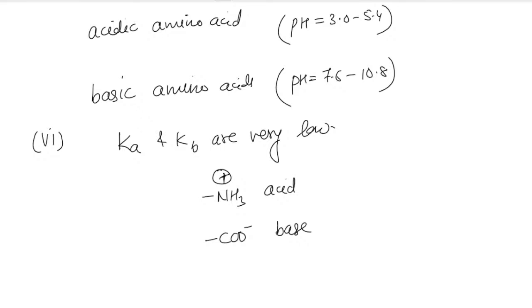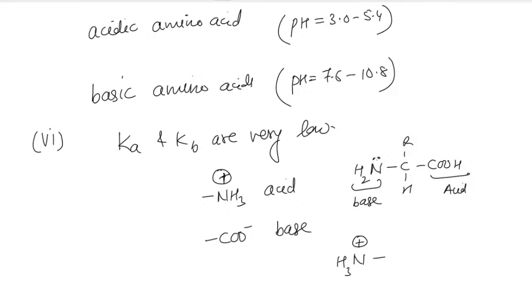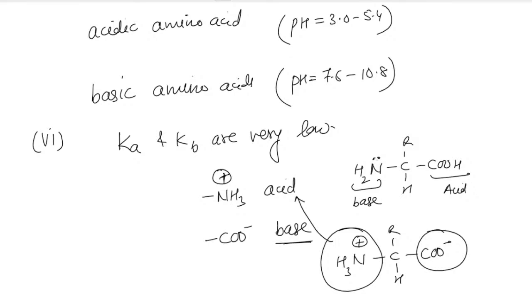Keep in mind, we suppose that COOH behaves as an acid and NH2 behaves as a base due to the presence of a lone pair, but it is not like that. Actually, in most cases it exists like this. So, NH3 positive acts as an acid and COO negative acts as a base. That is why their Ka and Kb values are very low.